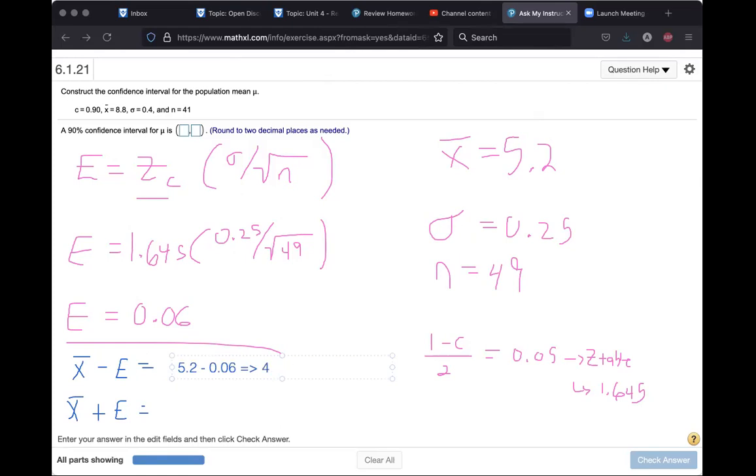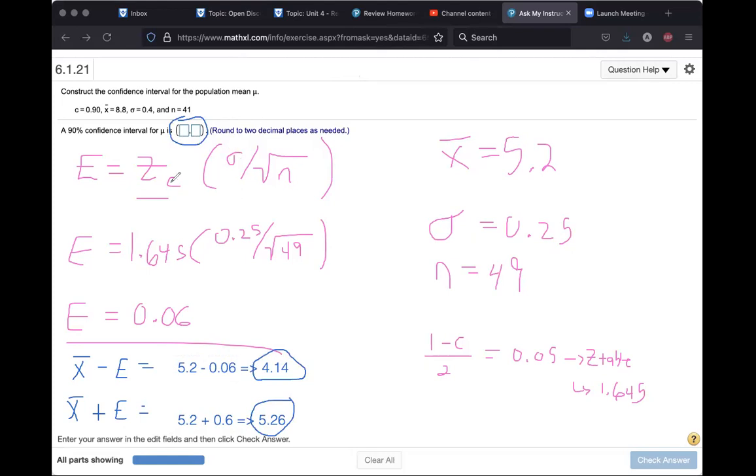Oh, yeah, 5.14, that's right. And then here, we get 5.2 plus 0.06, and that gives us a value of 5.26. And that's it. These are the values, 5.14 and 5.26, that you would put in there.